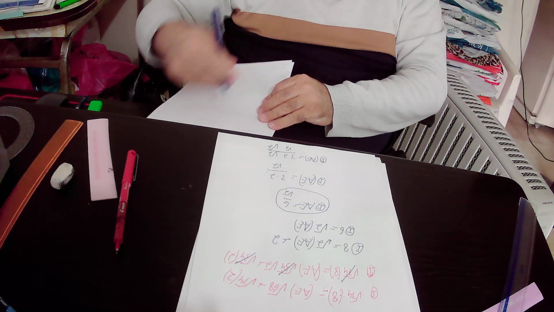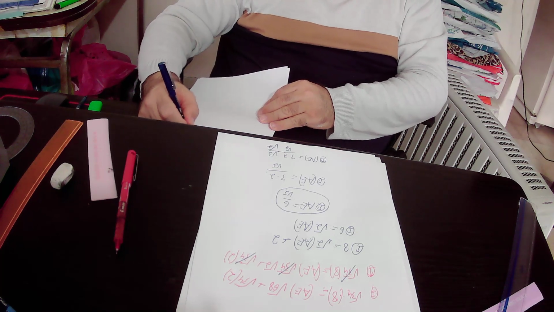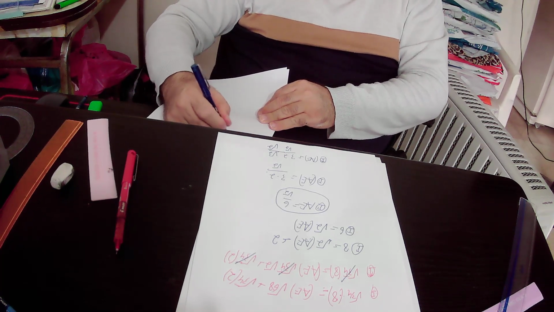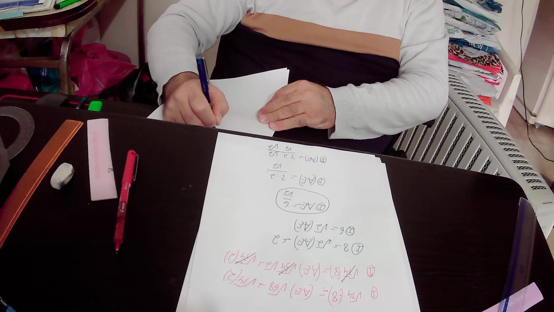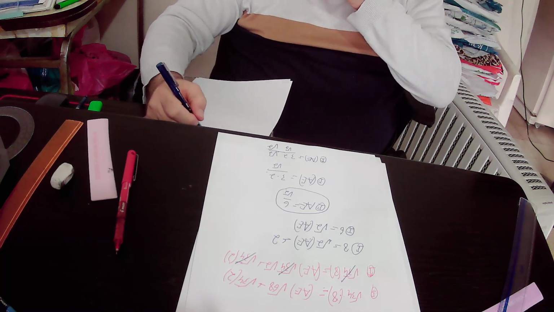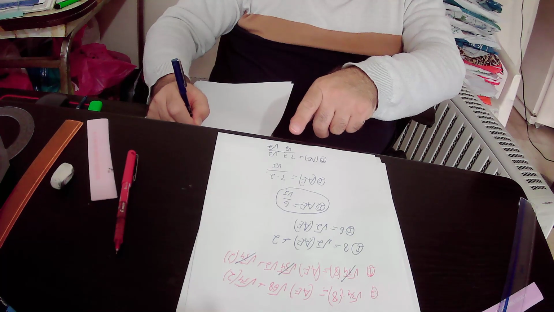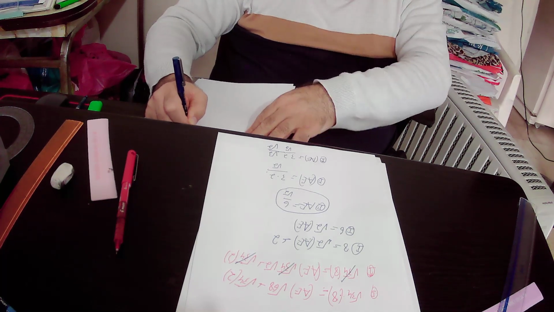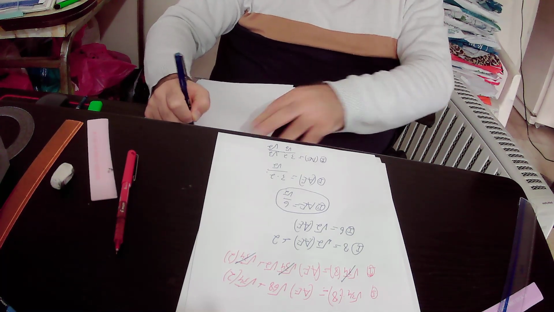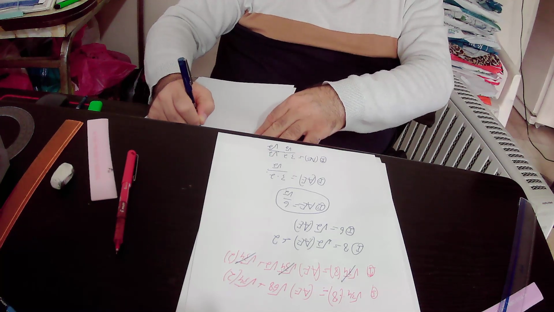So here we get that according to equation number 1, AE equals 3 times 2 times root 2 over root 2 times root 2, which is 2.